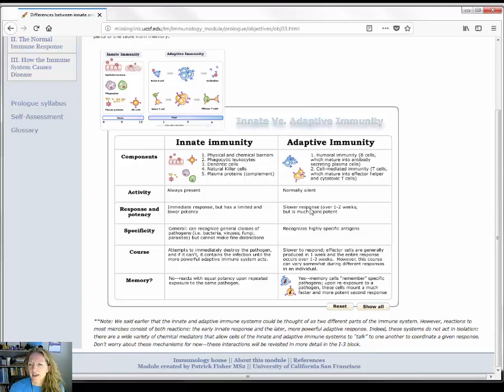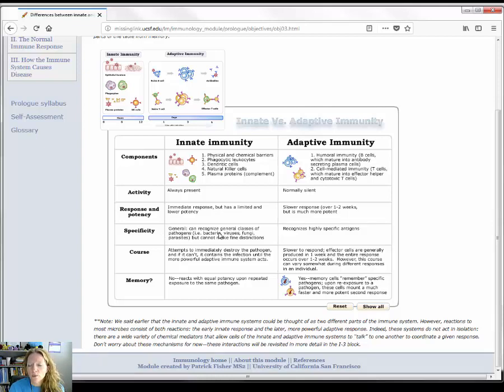Because of that, the adaptive immune response takes a little bit longer to respond, 1 to 2 weeks. But when it does respond, it is very potent, much more potent than the innate immunity. Innate immunity has a lower potency, but it's really effective at fighting off some pathogens. Sometimes it's not effective enough, and that's why we have to have the adaptive immune response.